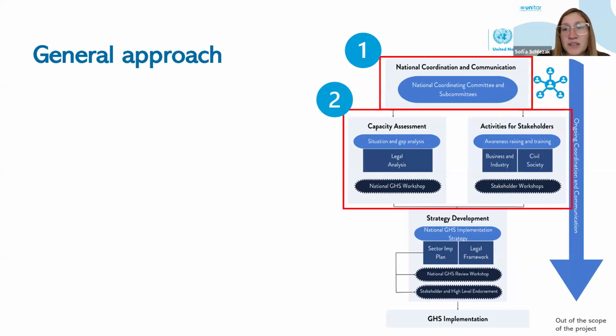At the same time, in parallel, we will need stakeholders to get involved, not only from the government, but also from industry and civil society. Why? Because we need these groups to be aware of what is going on and what is going to be achieved in the future.